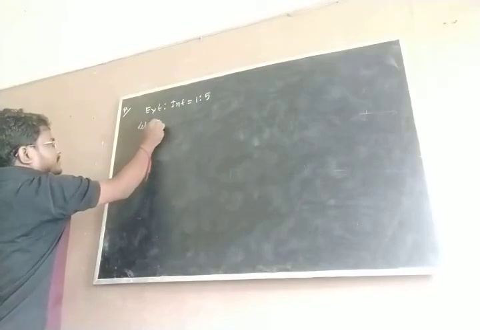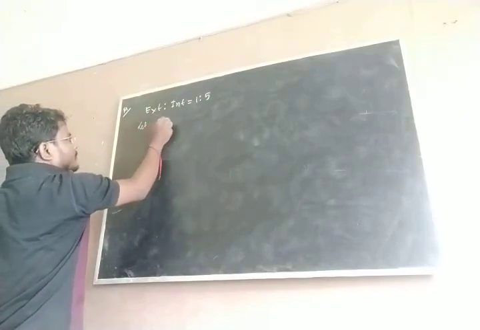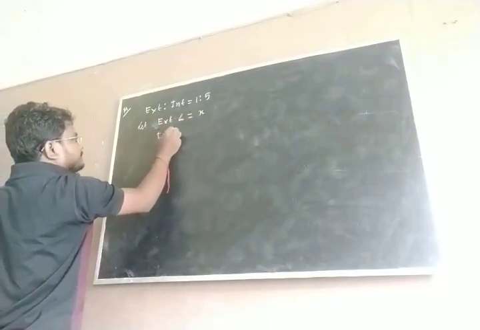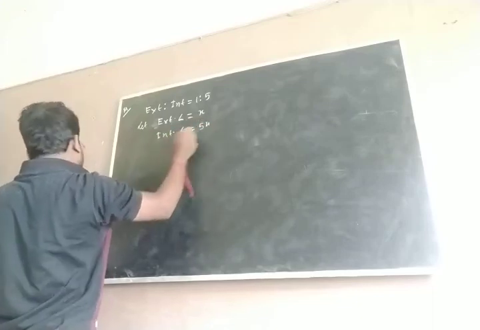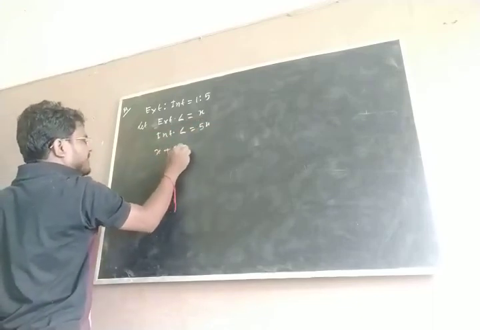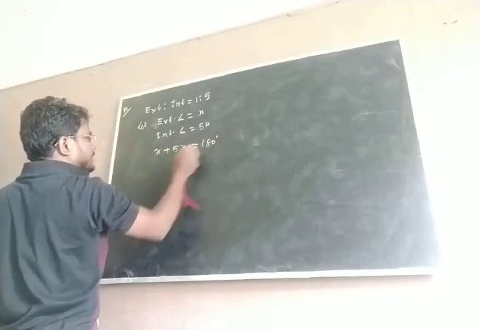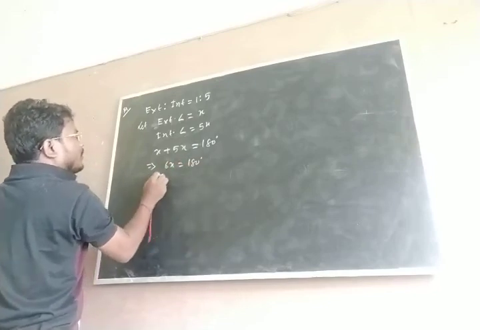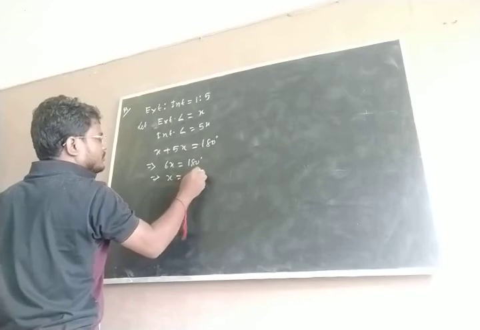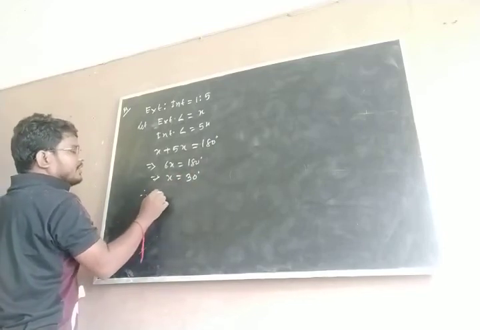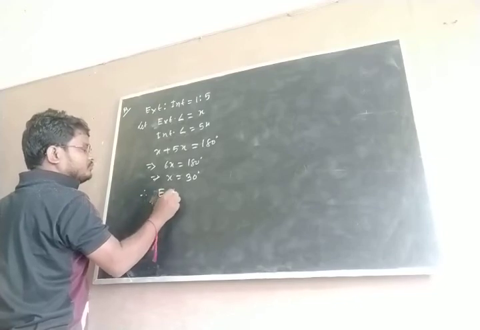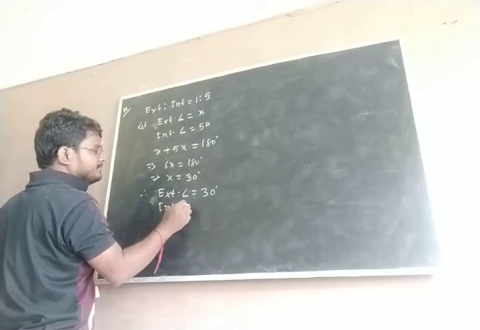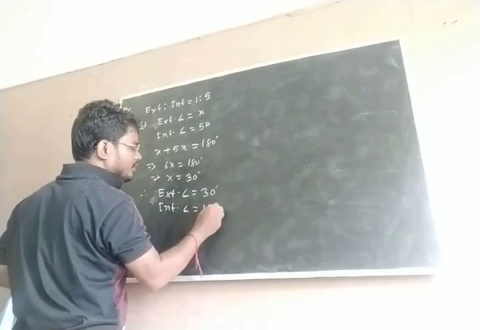Let the exterior angle equal x, interior angle equal 5x. Then x plus 5x equals 180 degrees, or 6x equals 180 degrees, or x equals 30 degrees. Therefore, exterior angle equals 30 degrees and interior angle equals 5 into 30, 150 degrees.